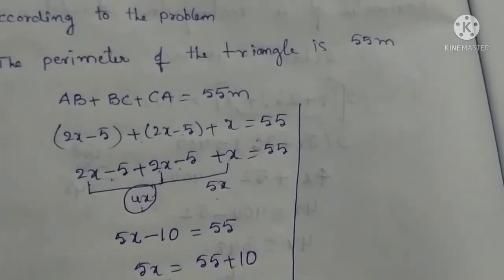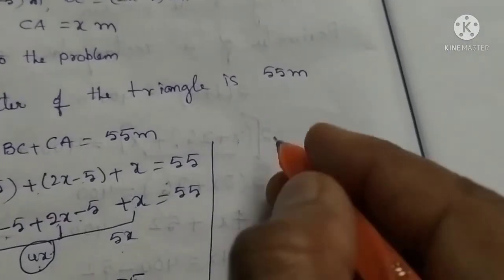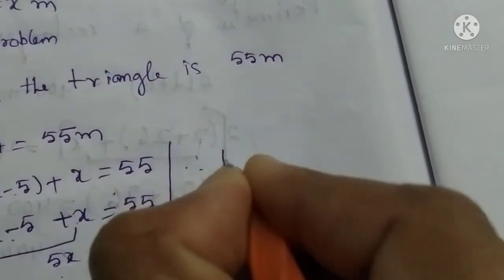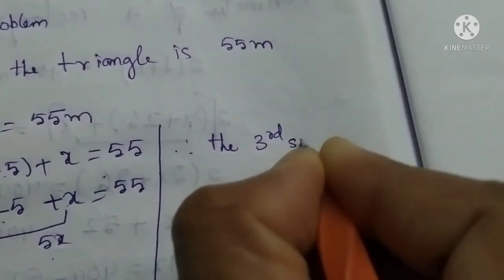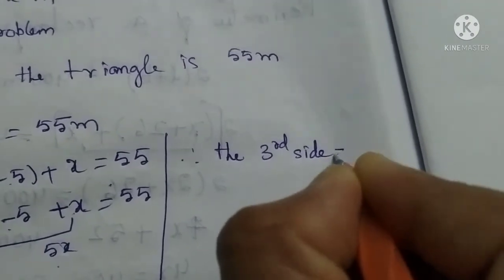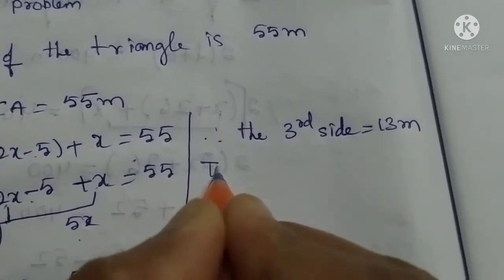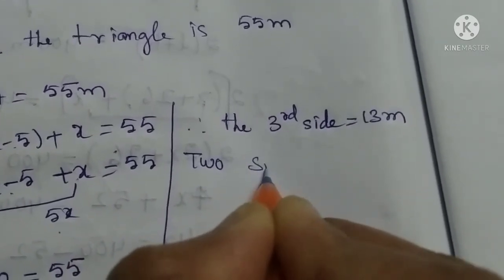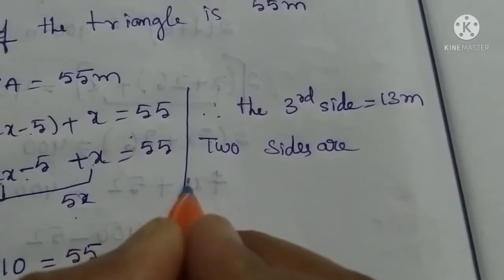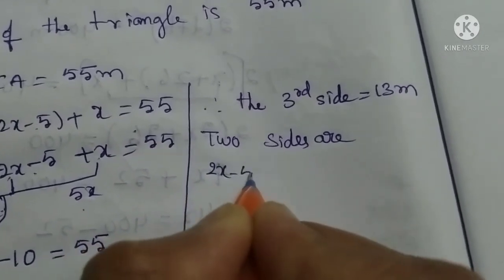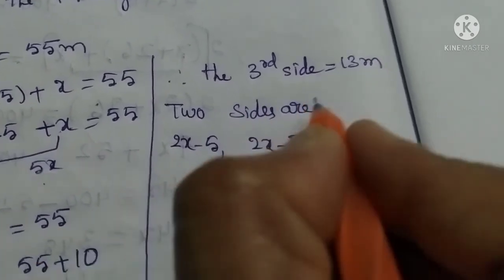The remaining two sides are 2x minus 5, 2x minus 5.